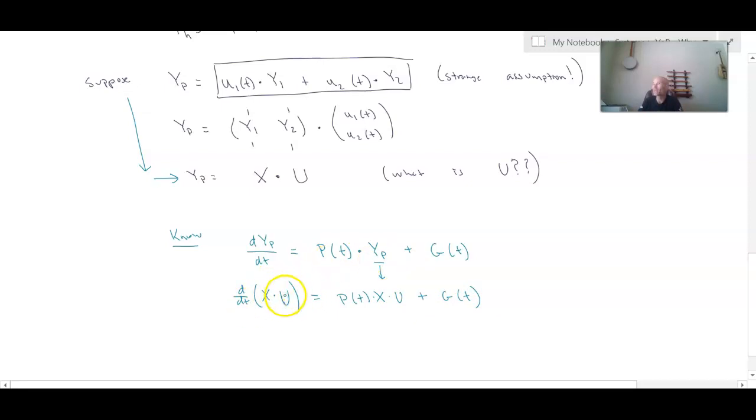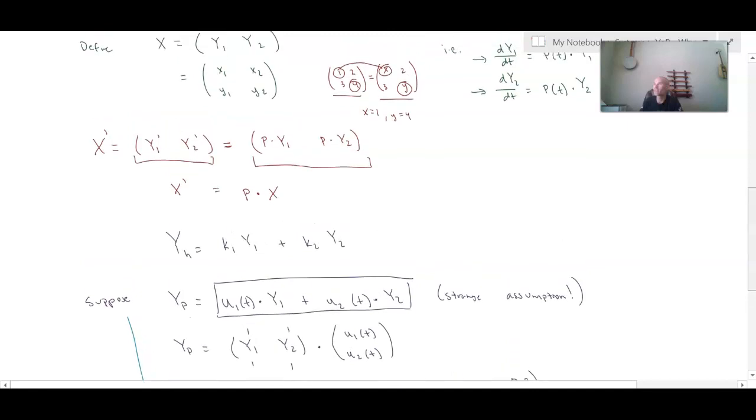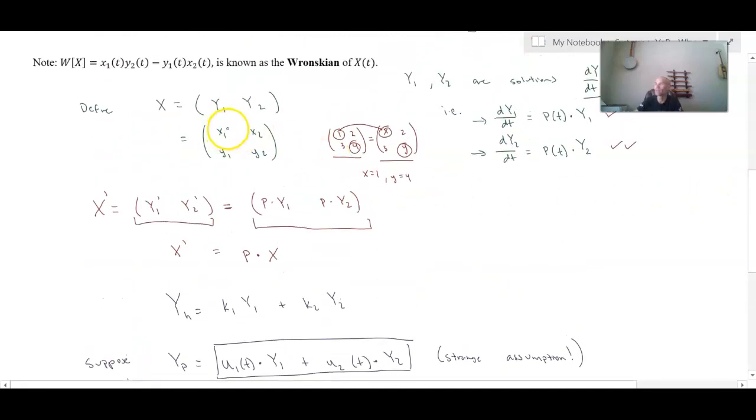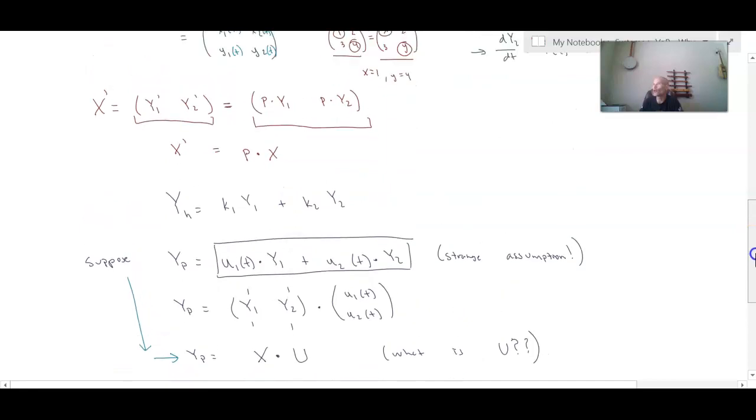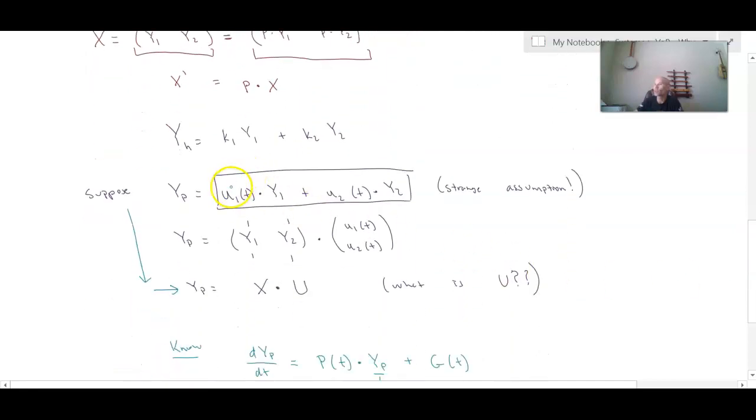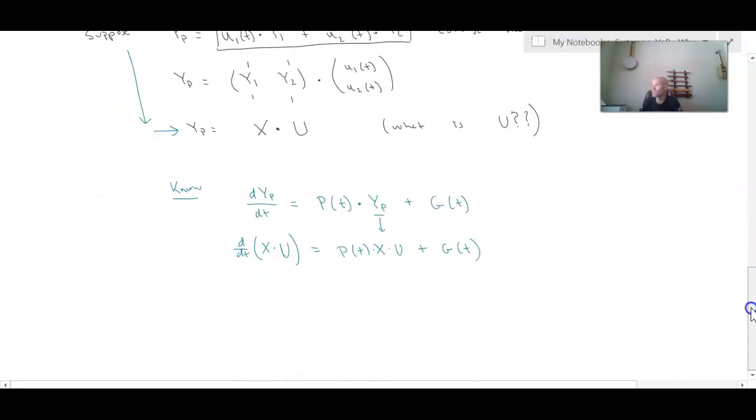Okay, now I'm going to make an argument here, and this does require some justification, but recall that the capital X matrix has functions of time in it. We didn't put them here, but these were all functions of time. So the derivative with respect to t is going to affect the components of the X matrix. U has these expressions u1 and u2 in it, which are potentially both functions of t.